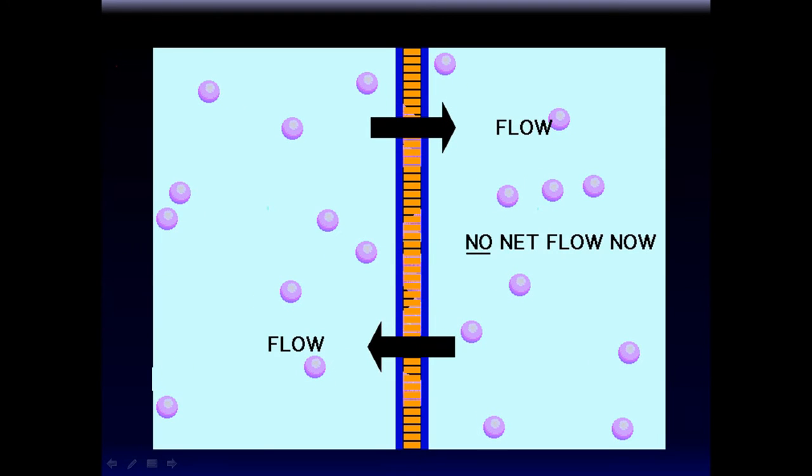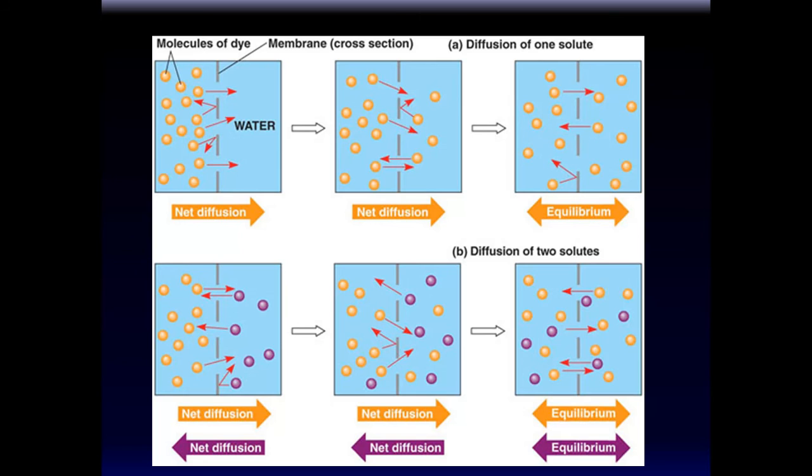Okay, so diffusion occurs from the area of higher concentration to the area of lower concentration. It's more of a mathematical, probability phenomenon than a chemical phenomenon. It's just a matter of the probability of bumping into other solutes that allows diffusion to occur. So the diffusion here is going to be from an area of higher concentration to an area of lower concentration until an equilibrium is reached.